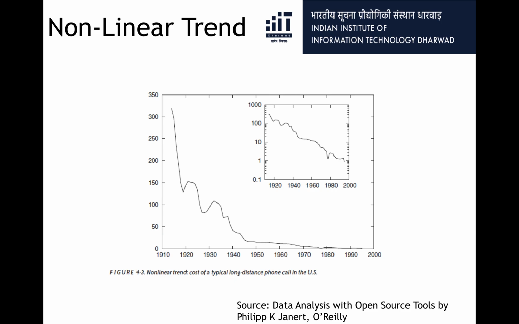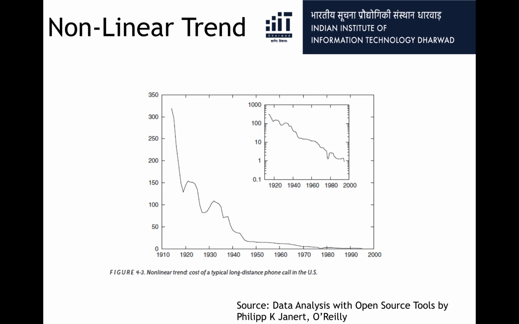Now this is similar to our Olympic data set, but there's something interesting about this. If, instead of plotting this on the normal scale, you see the smaller graph in the inset, there the cost is plotted in a logarithmic scale, and in the logarithmic scale it becomes almost a perfect straight line.